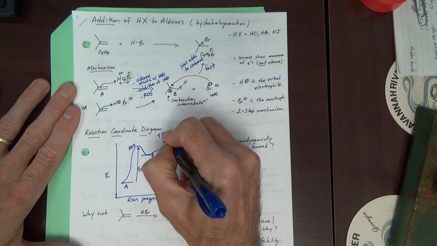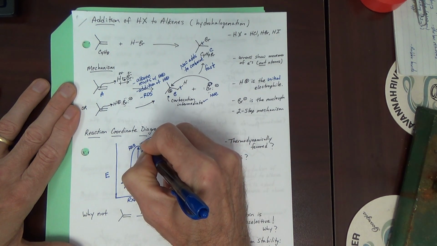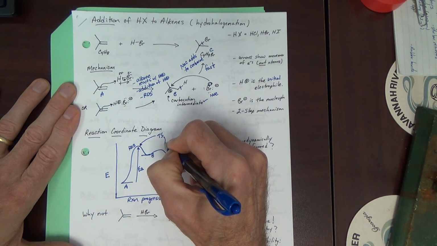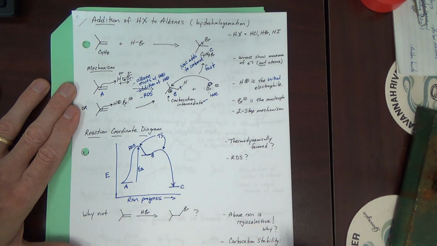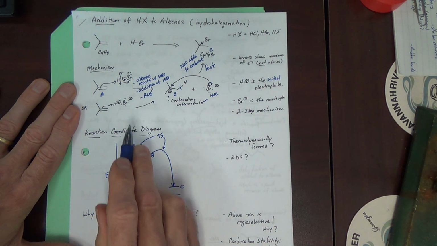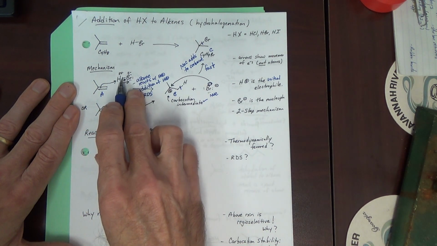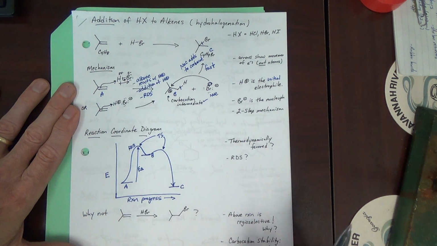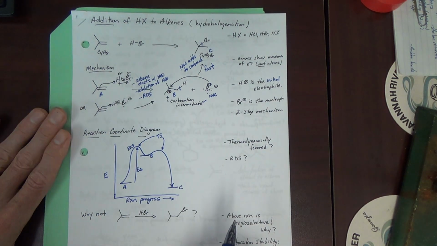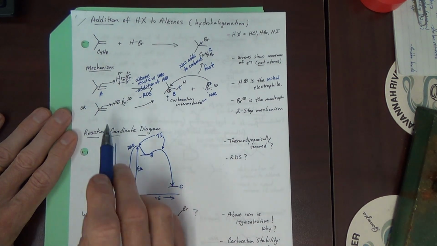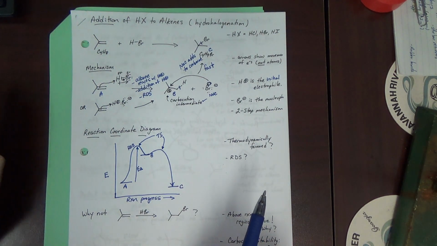What is this right here? We have a transition state here, and we have a transition state here. This is where that bond is being made to the H, and the bond is being broken between the H and the Br. That's actually sometimes called the activated complex.